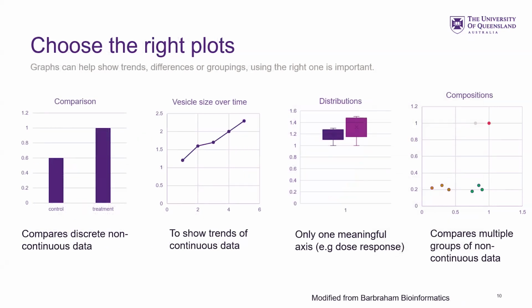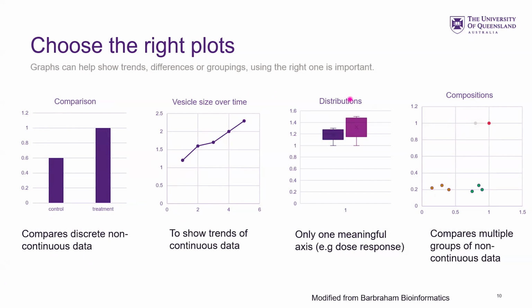When it comes to graphs, they help you to show trends. So in the microscopy space, you might have something like a drug, you might have a time series, but you want to make sure that you're using the right graph. Bar graphs are good for comparing discrete, non-continuous data. If you're trying to show a trend over continuous data, then obviously line graphs are good.